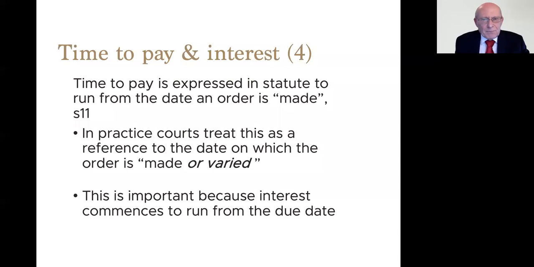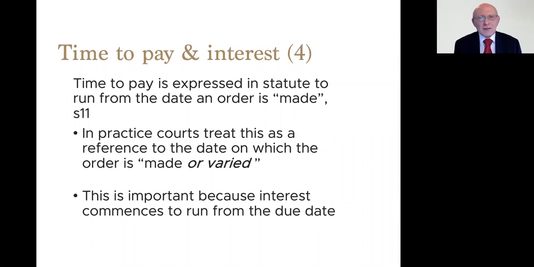That's important because, of course, interest commences to run from the due date. So if we've got, say, a situation in which we are doing a section 22 variation of an order that was made 5 years ago, and as a result, the defendant has to pay more money, well, it would be crazy to suggest that the interest should run from the date the order was made 5 years ago when he wasn't due to pay.